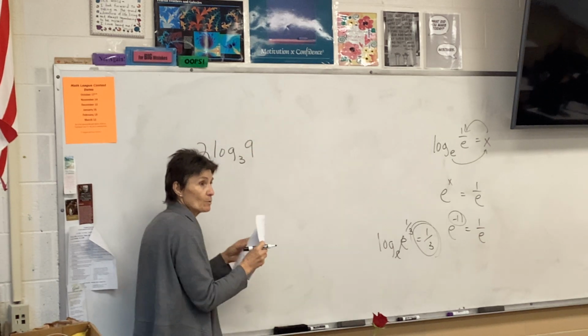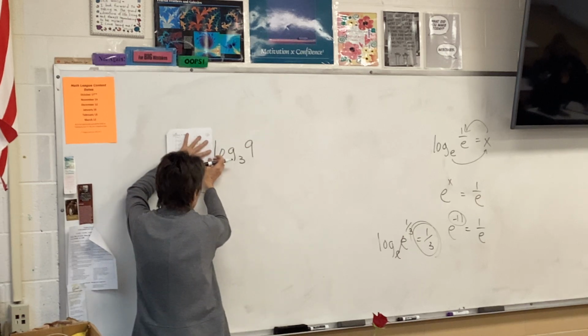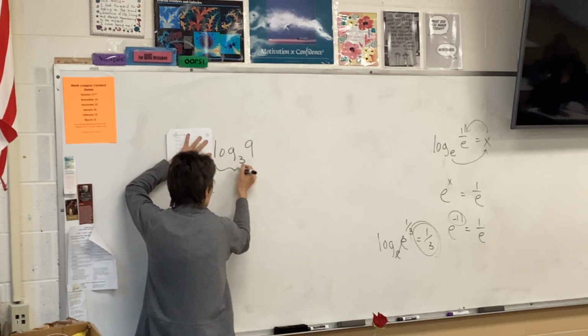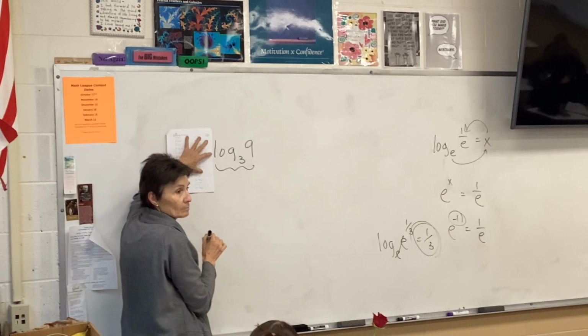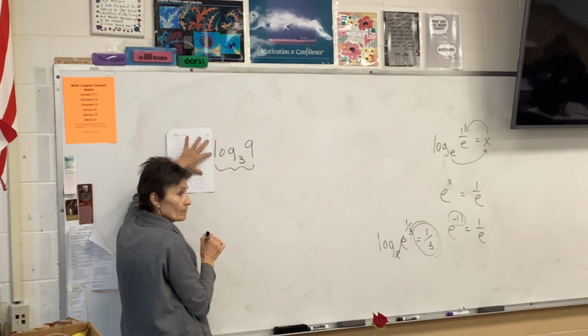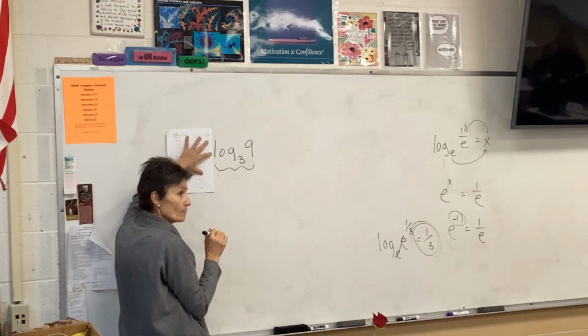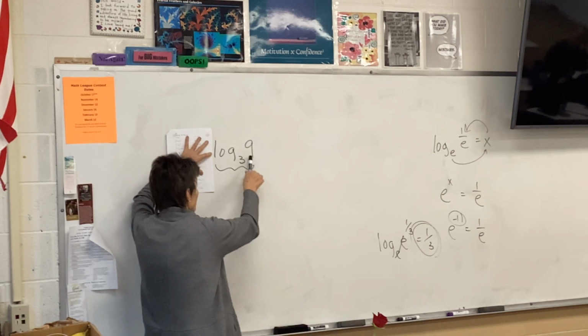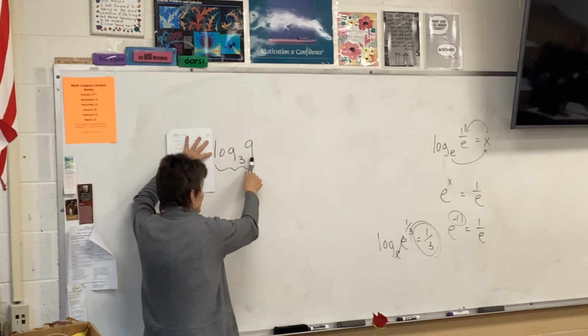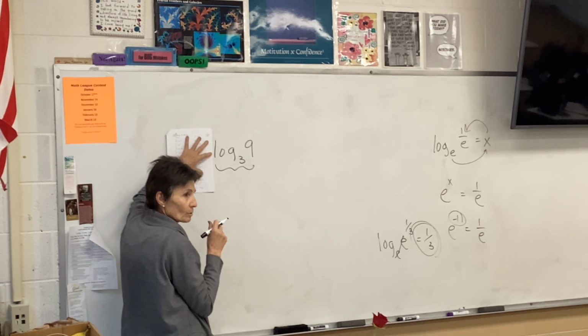Okay, so here's what I want you to do. I want you to just pretend for a minute that this is all you have. Then it looks like the problems we've been doing. Okay? Is there anything that's a 3? Is there anything special about 9? It's 3 squared.